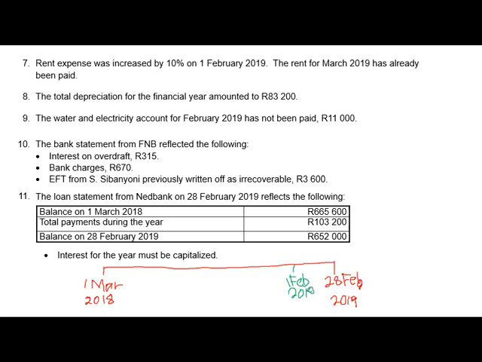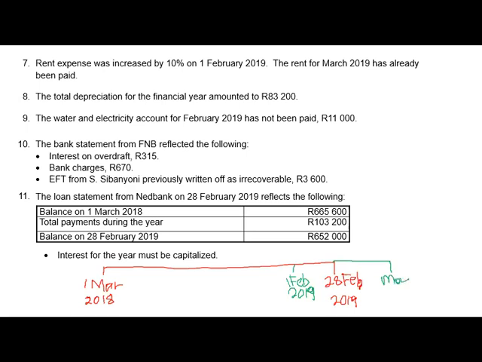So that date is key, right? And it'll continue up to, because they said we also paid rent until March. So this is rent expense.